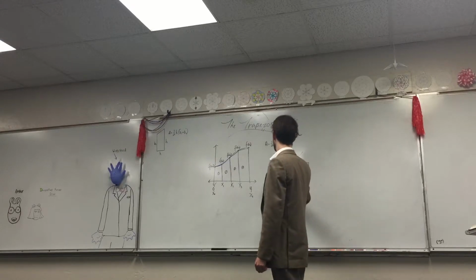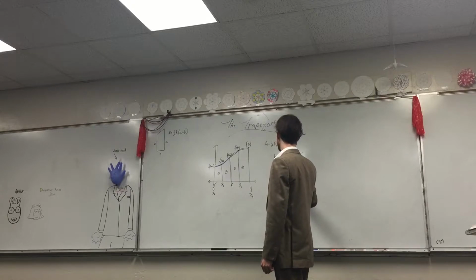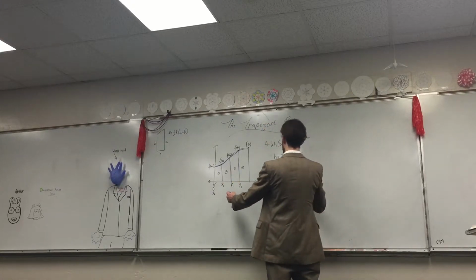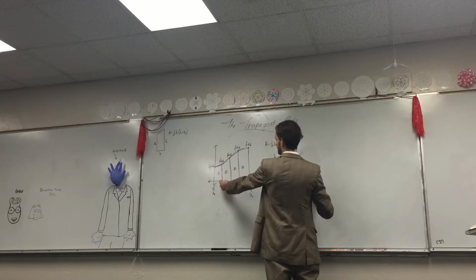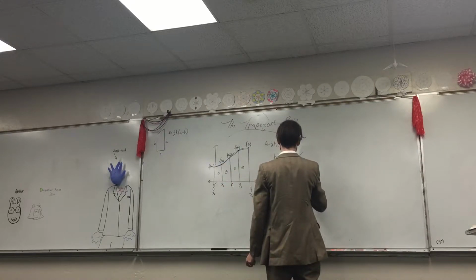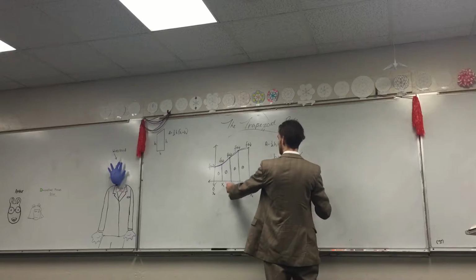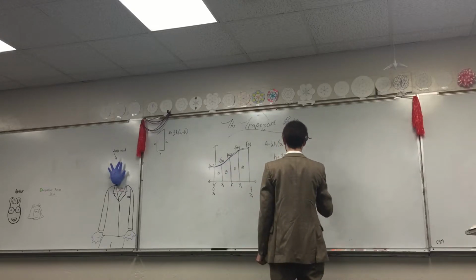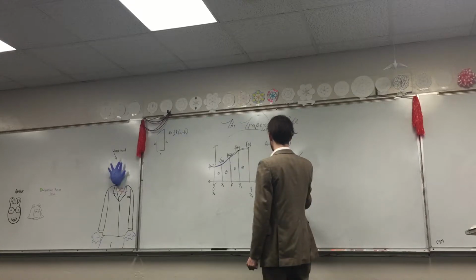Alright. A2. 1/2. The width is still the same, right? But now, what's my base 1? f of x1 plus f of x2. Okay. You might be able to see the pattern now.